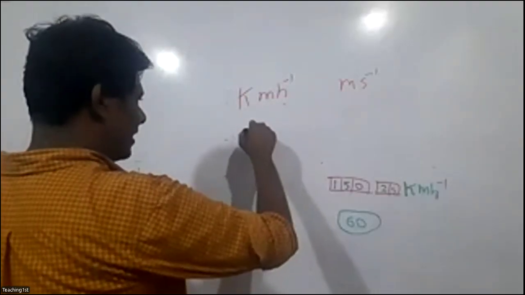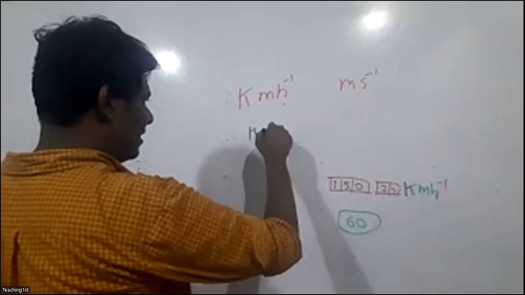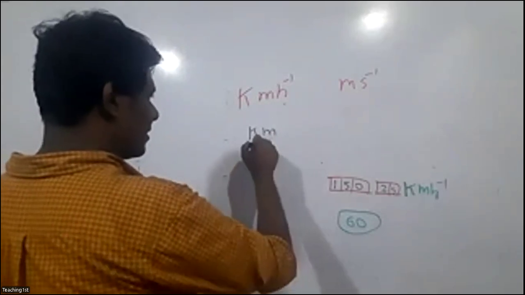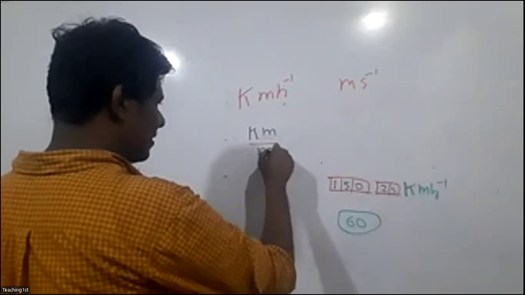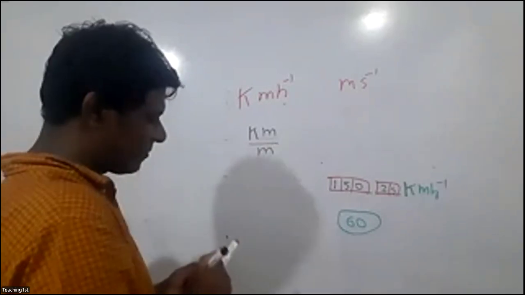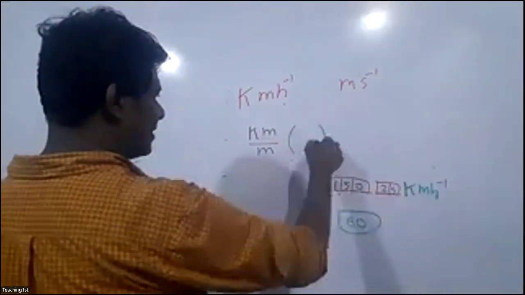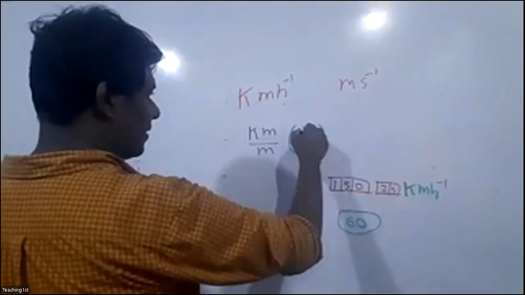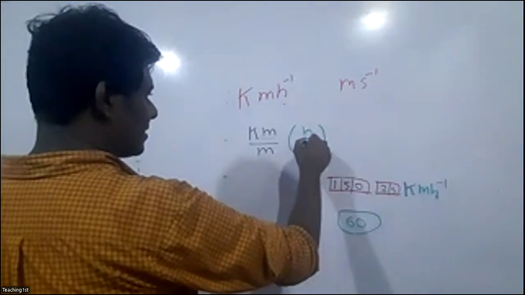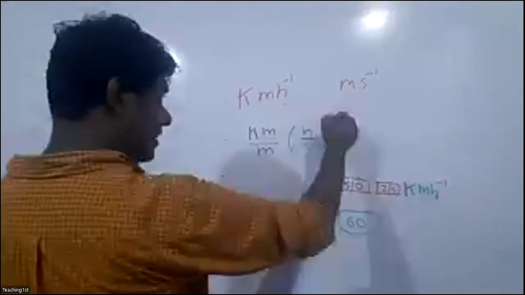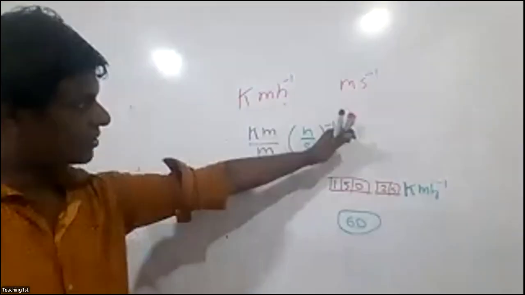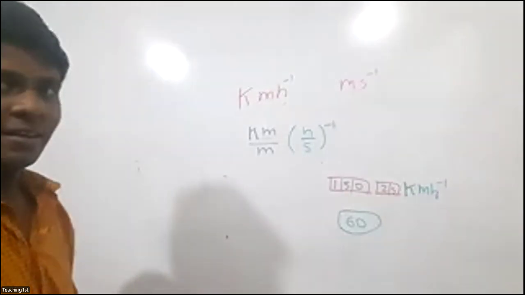You have to write kilometer over meter. It is a composite factor. Two factors there in a bracket. The other one, hours and seconds. And the minus sign at the outside of the bracket.